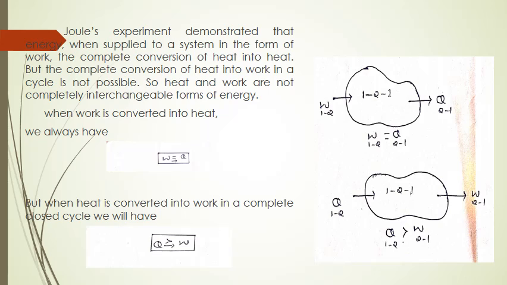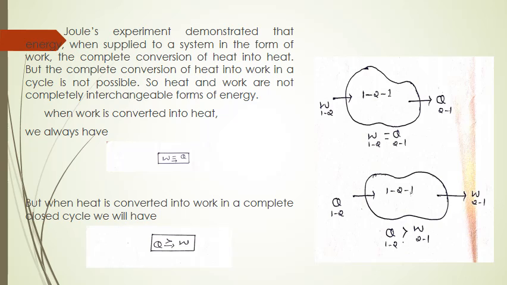I repeat, Joule's experiment demonstrated that when energy is supplied to a system in the form of work, then the complete conversion of work into heat is possible, but the complete conversion of heat into work is not possible in a cycle. So heat and work are not completely interchangeable forms of energy.